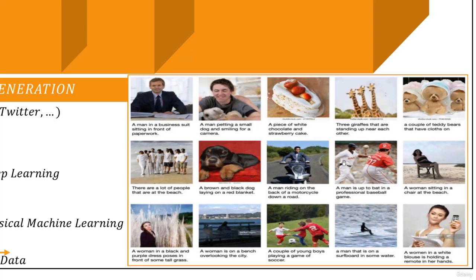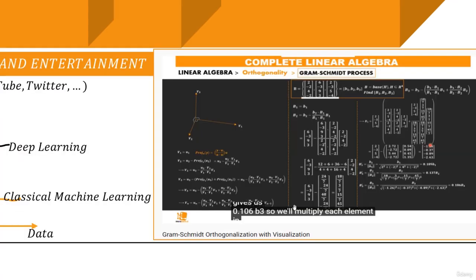These images right here were generated just by a neural network which was fed with these input sentences. So the input here, for example, was: there are a lot of people at the beach, and so this was generated.